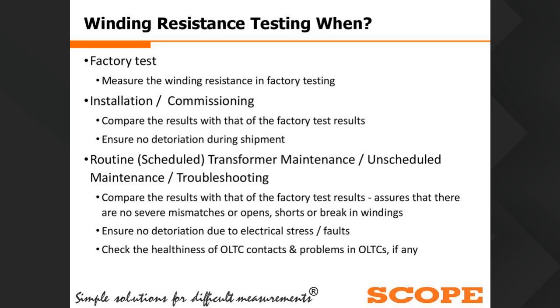During commissioning, we also need to ensure there is no deterioration during the shipment of the transformer from one location to another. Then, as a routine test, we compare the results with the factory test results to get the assurance that there is no mismatch, no severe mismatch, and no opens or short circuits.